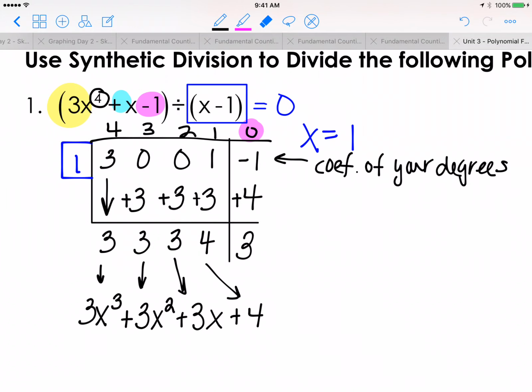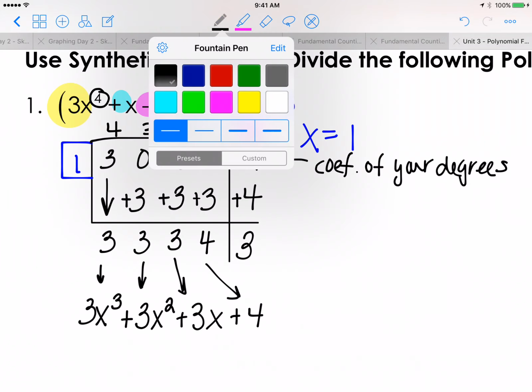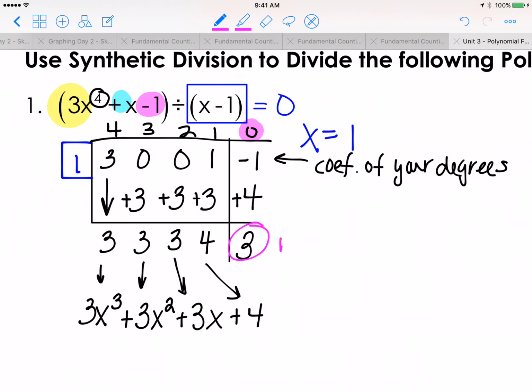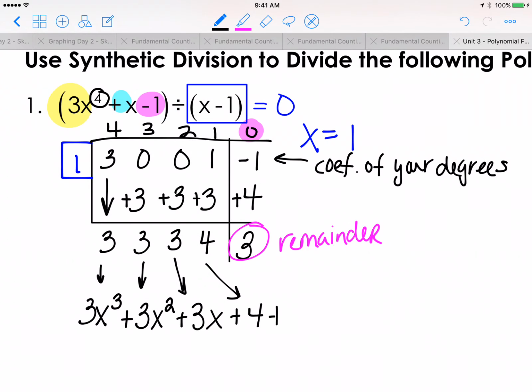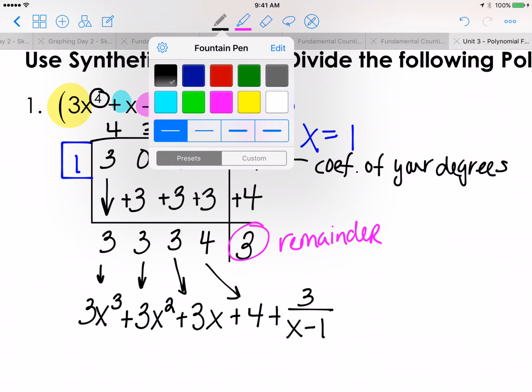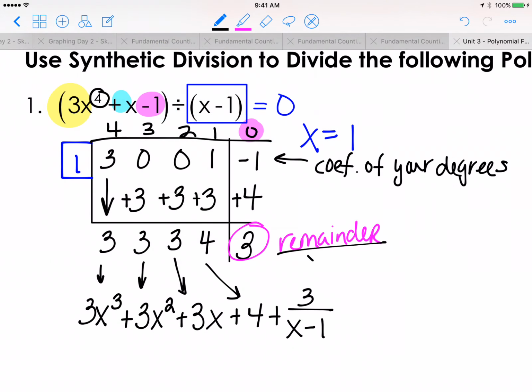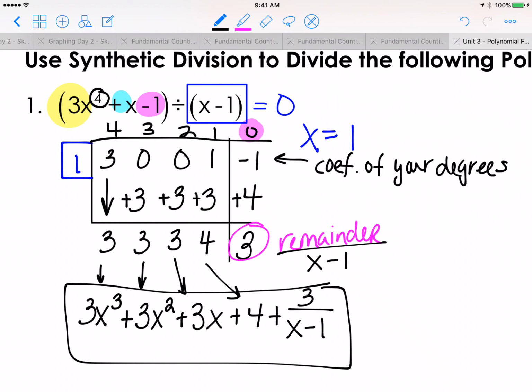And now this is your remainder. Remember, this is your remainder. So you put your remainder, so that's a plus 3, over your divisor, which is x minus 1. And then that's your answer. That's your division problem. So hopefully that makes sense.